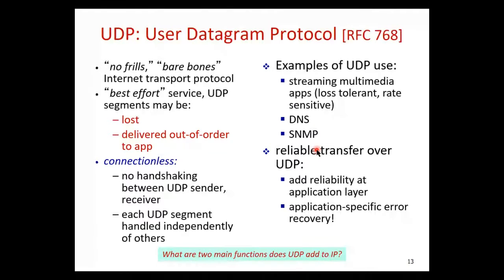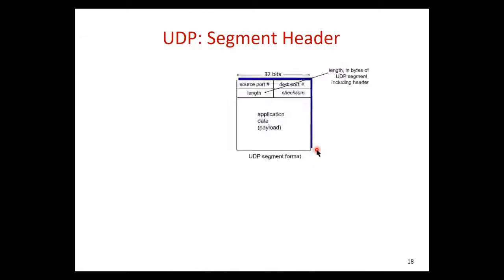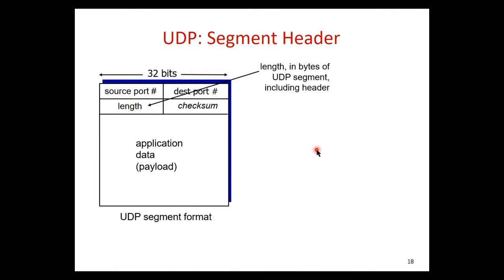The second function, which we haven't learned about yet, is error detection. When I say error, I mean bit error. Now we can look at the header when you use UDP. This is going to be my header.